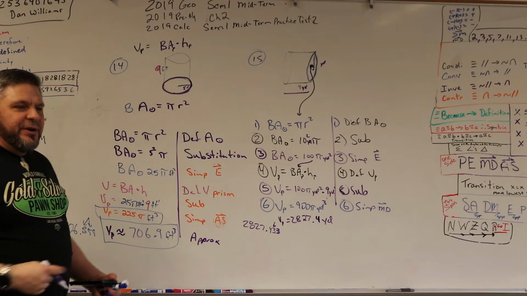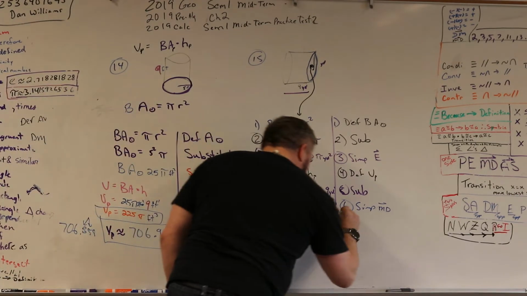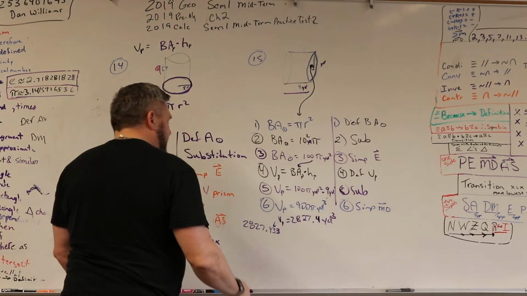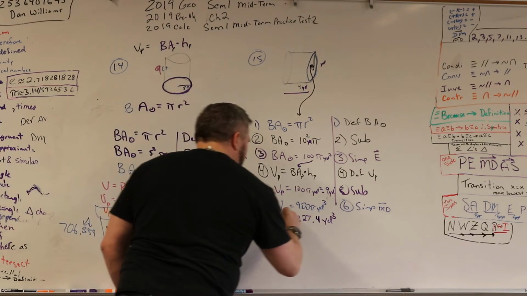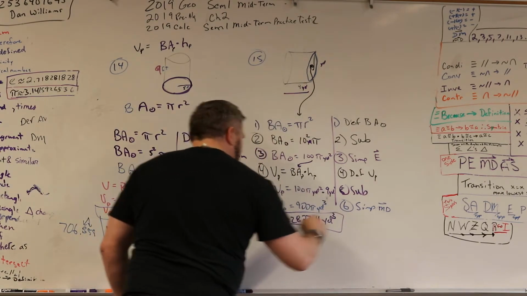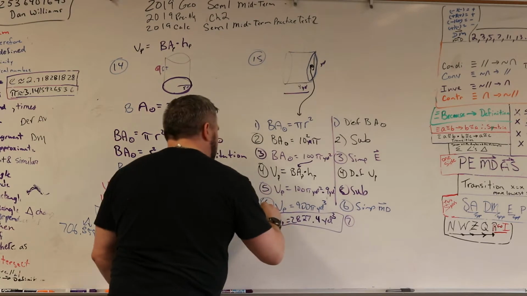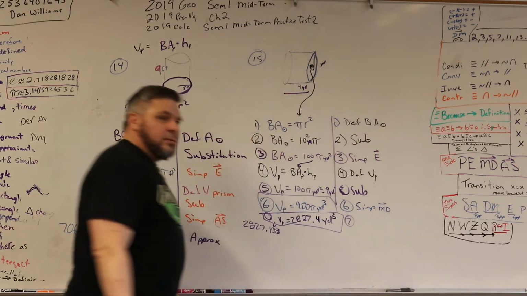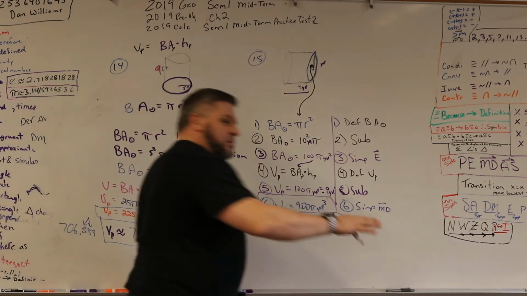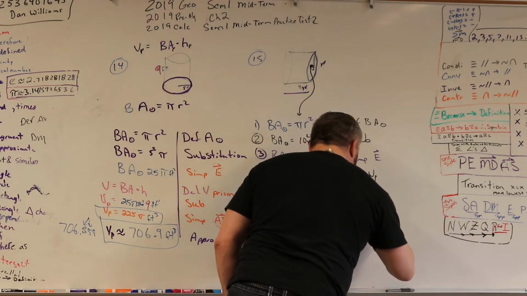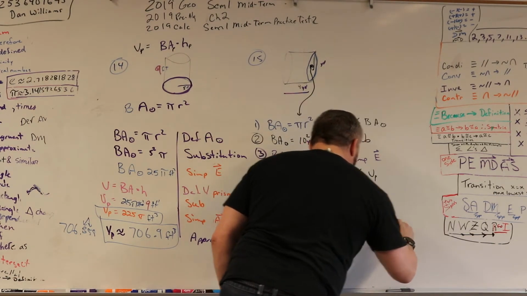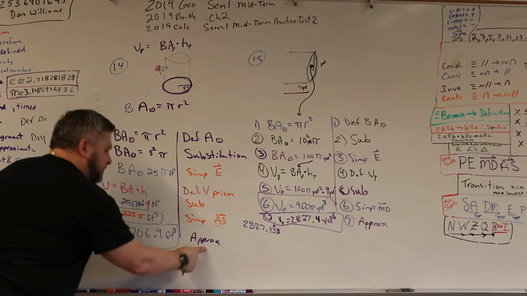Cubed. Good. We're learning. That is our 7th step. And what step is that called? Approximate.